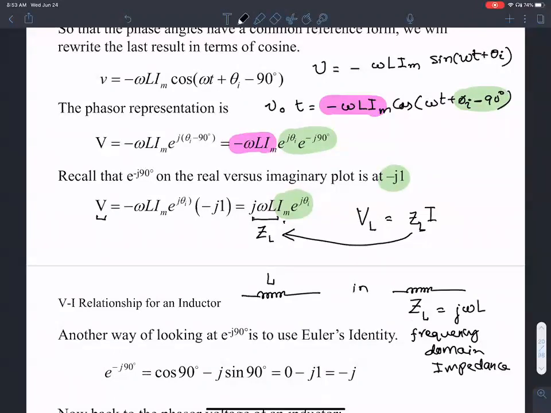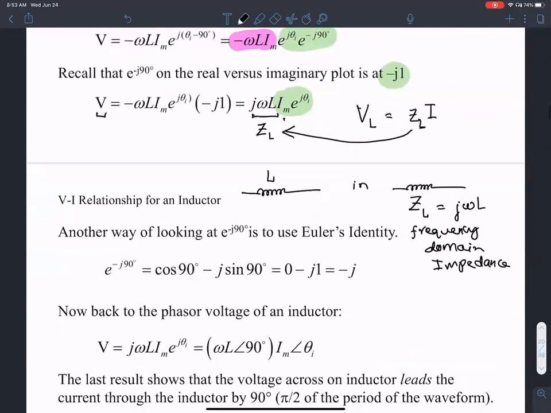We call this impedance. We'll come back and talk about it.